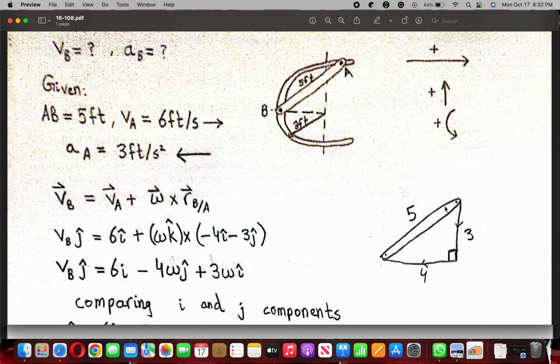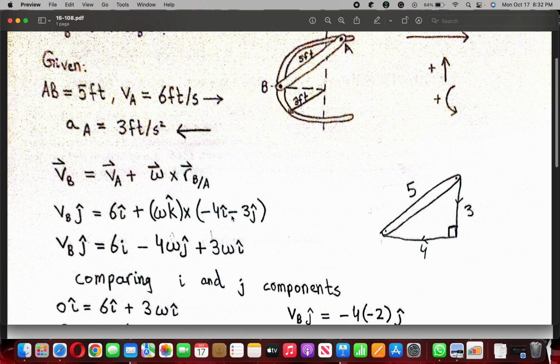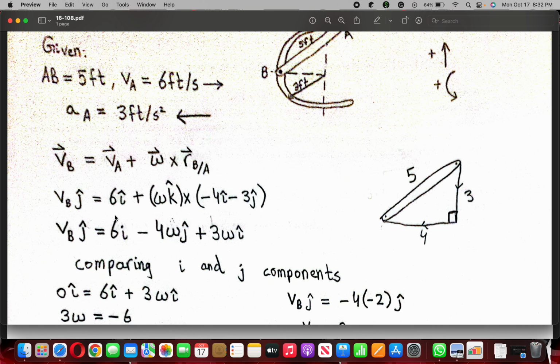So 4 is the horizontal component and 3 is the vertical component, and both have negative signs as it is coming downwards and towards the left. We simplify: k multiplied by i is j, but with the negative sign there is a negative, and k multiplied by minus j is i, because without the minus it's minus i, so that minus cancels. We get the final equation: VB j equals 6i minus 4 omega j plus 3 omega j.